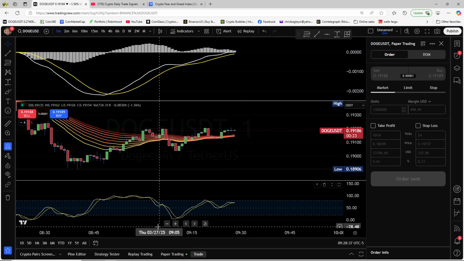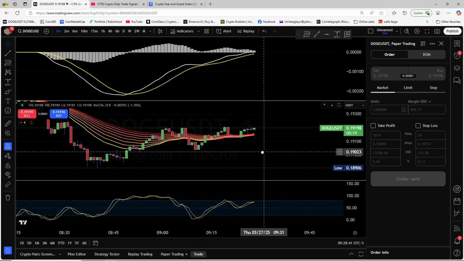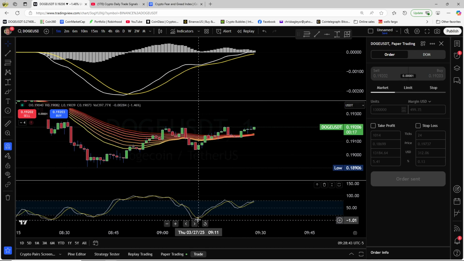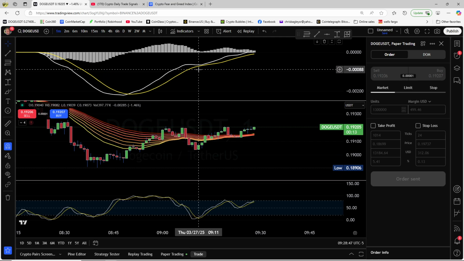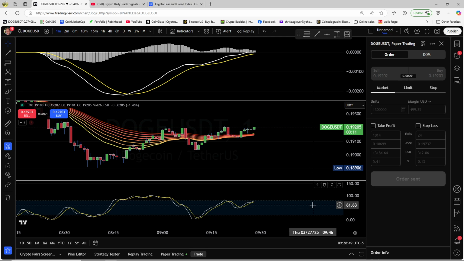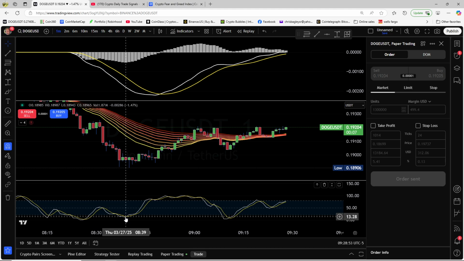I like to have a nice clean bottom to come off of, as long as my IMACD is going up. Because you can look right here, we had a clean bottom to come up off of.